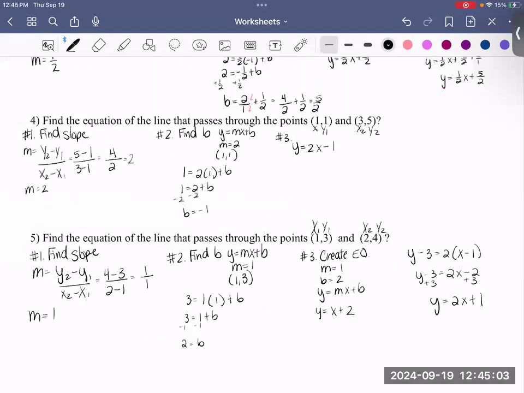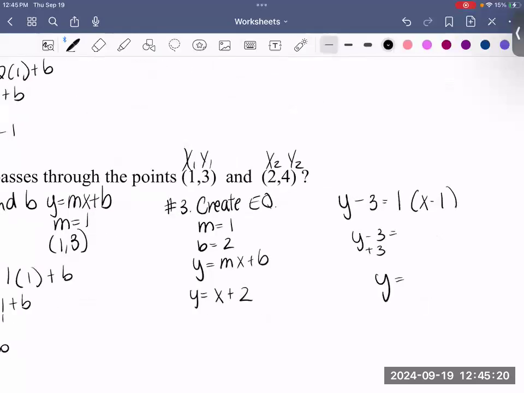Made a mistake somewhere. Let's see if I can figure out. Oh, because I reversed it. Your slope is 1. Your point is 3, 1. There we go. Plus 2.